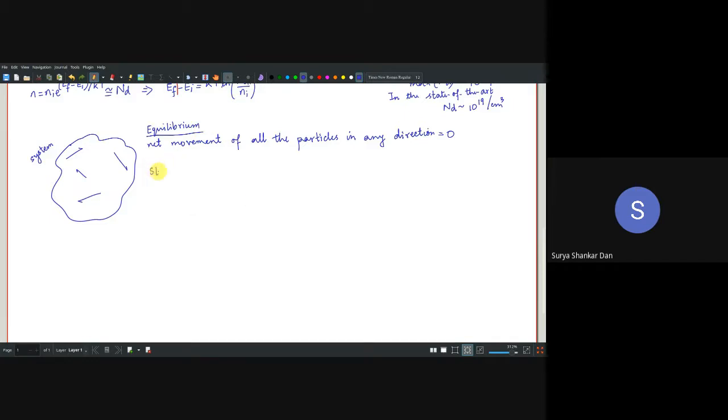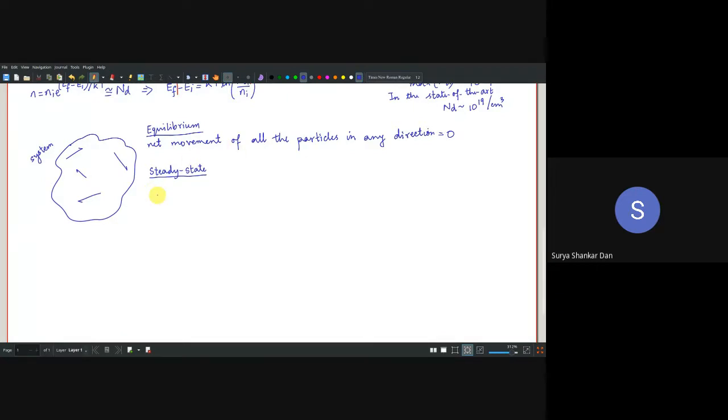Now many people get confused with the concept of steady state. What is steady state? These are very simple, BTech level.